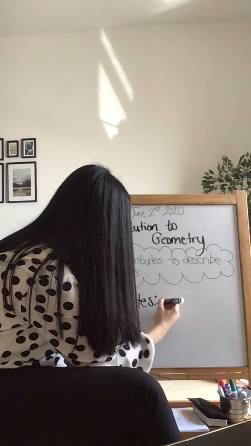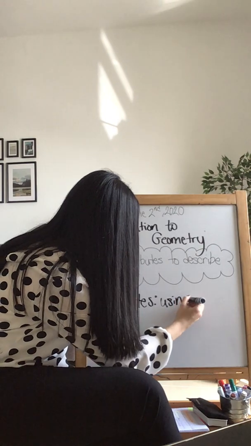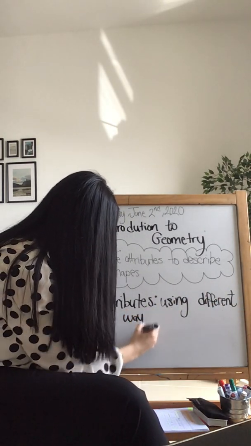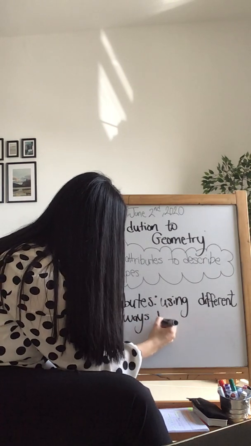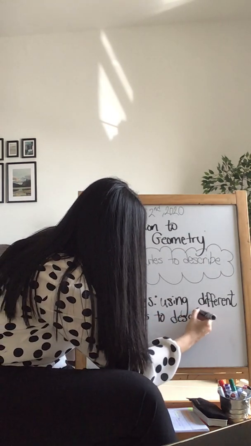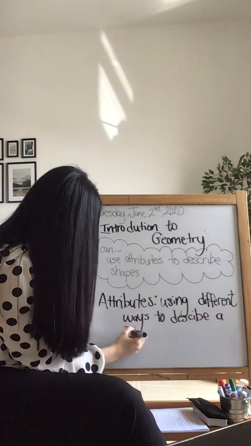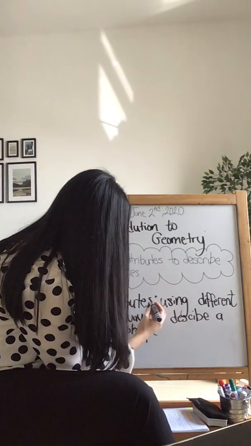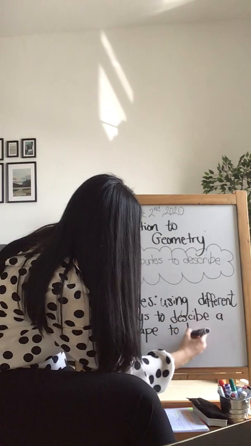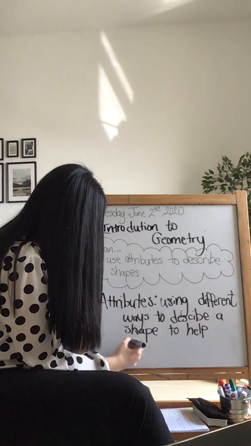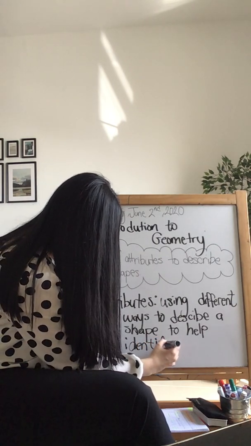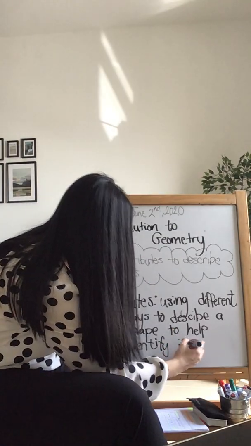Attributes are just using different ways to describe a shape to help identify it. To identify it. So let me read that.